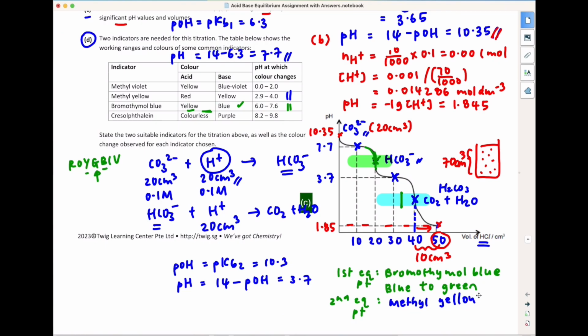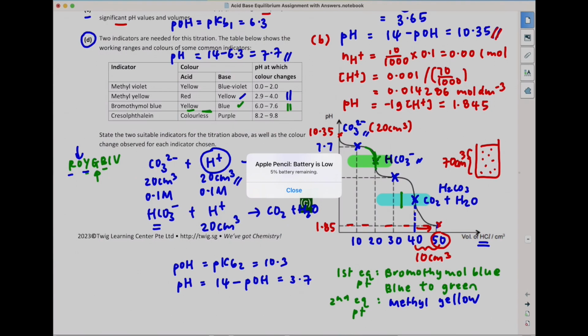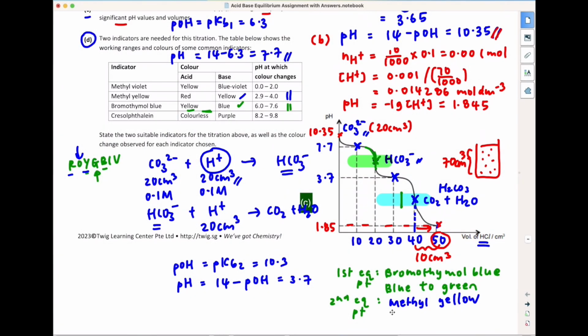And again, the color change will be yellow to, you don't say yellow to red, between yellow and red is orange, right? So you must write the color change is from yellow to orange. Okay, so this is exactly how you do the first part.